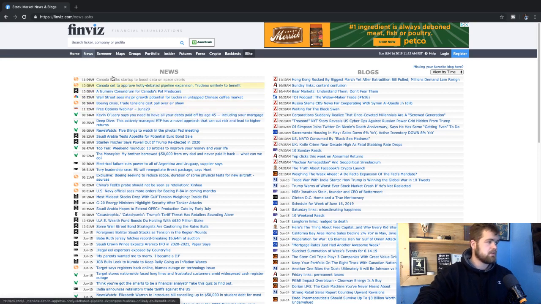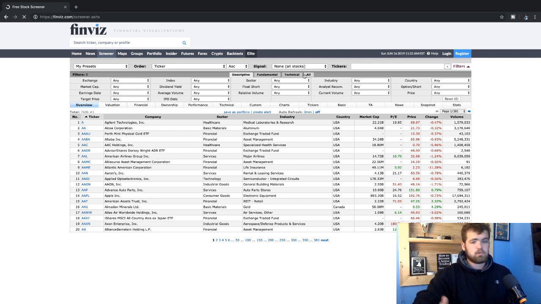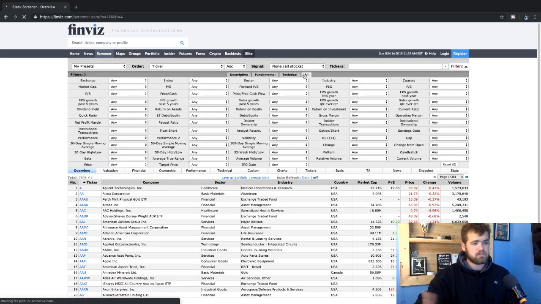All right. So the next thing here, and this is one of the most important things on the scanner, is the actual stock screener. Just by looking at this, you can find criteria that meets the type of strategy that you use.